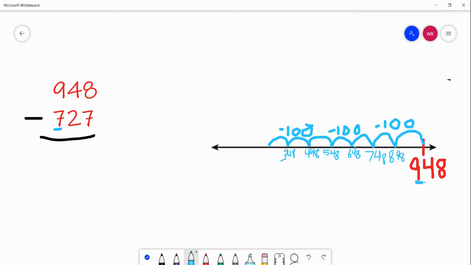And then 348 minus 100 gives you 248. So that is just subtracting our 700s that we needed to.